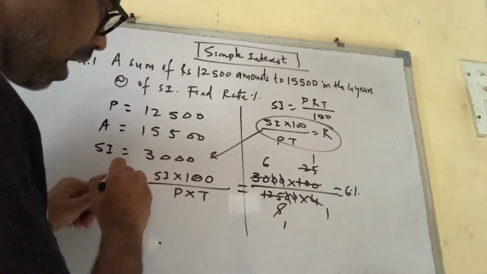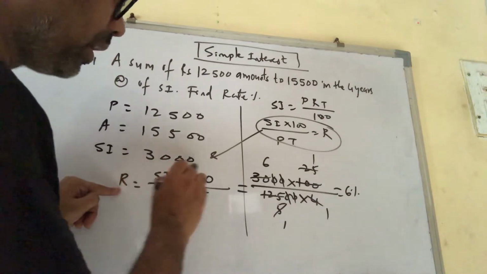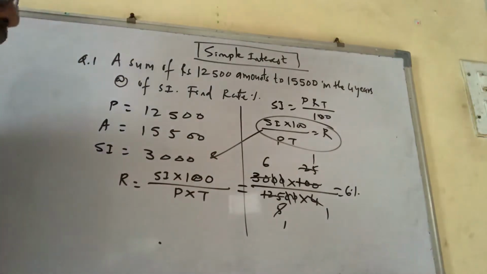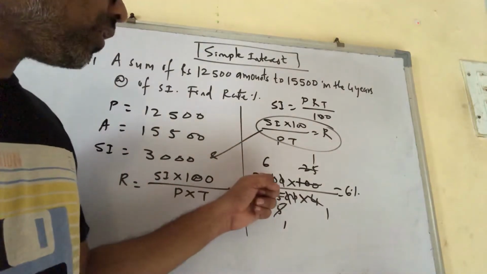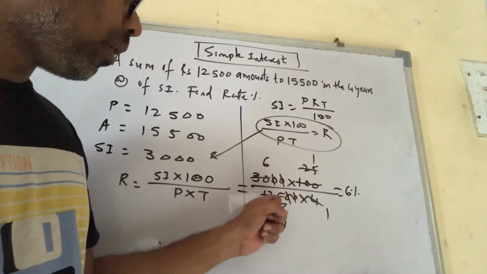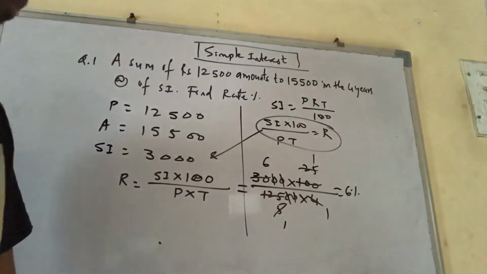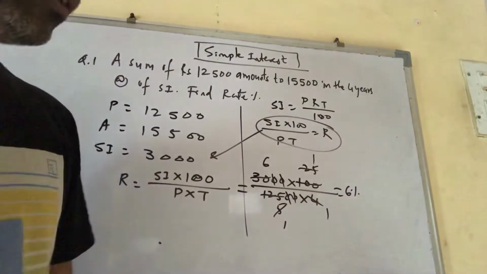Then this is the rate of interest formula, simple interest into 100 upon P into T. So simple interest we have here 3,000 into 100 upon principal 12,500 into 4, which is equal to 6%.